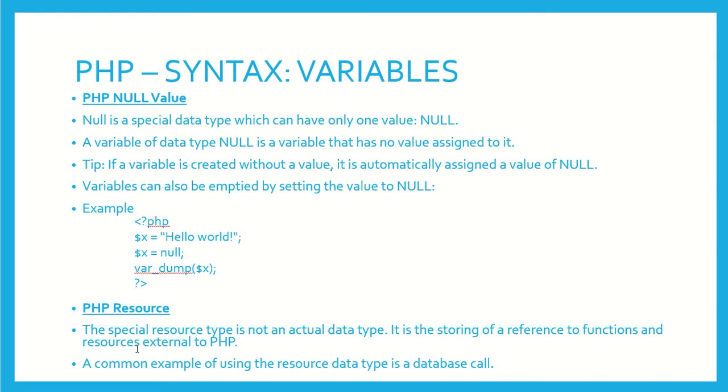Then about the resource, as I said before, if you have some external references, it can be to some external functions or some external resources. In that case, you can mention a reference to those resources as part of your PHP code, and it will be considered as a resource data type. It is not actually a data type, but by mentioning the resource data type, we are just saying that it is a reference to something which is external to your PHP code.